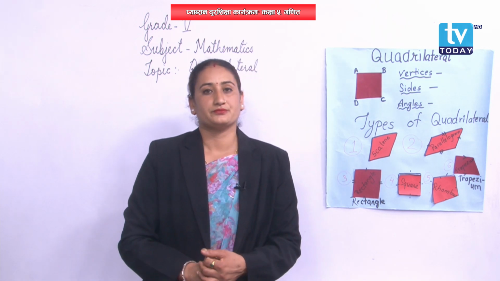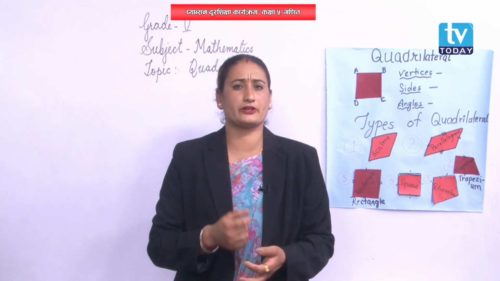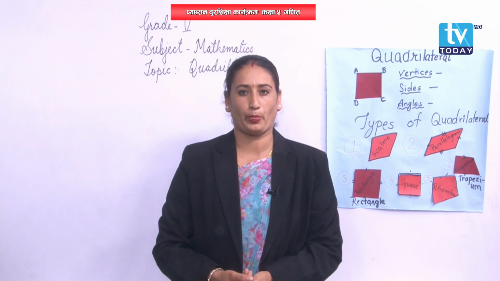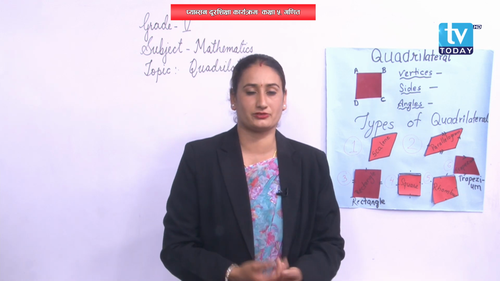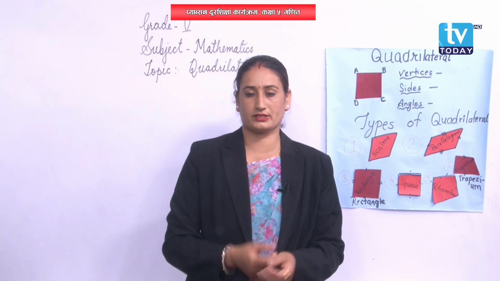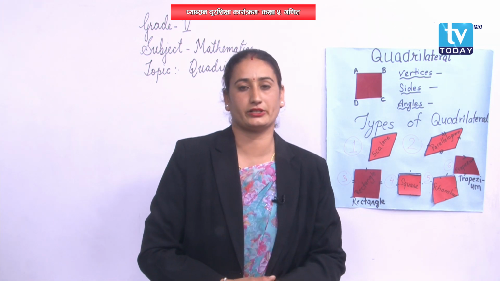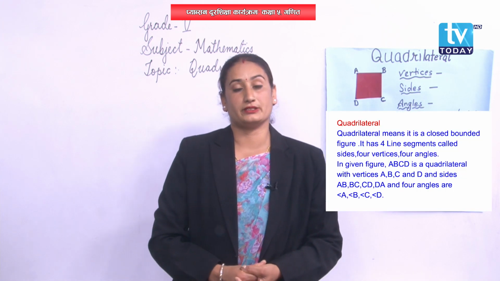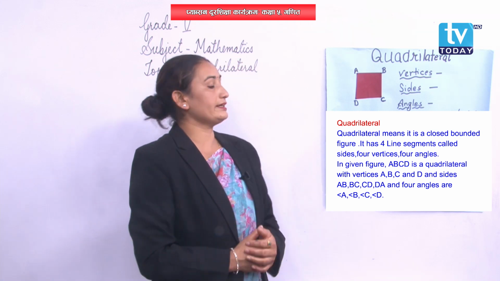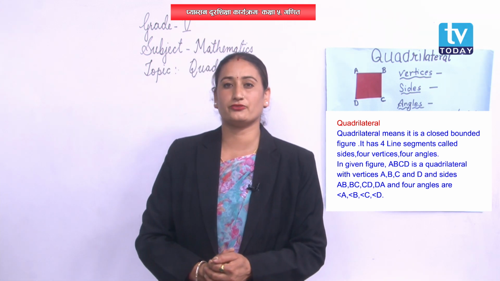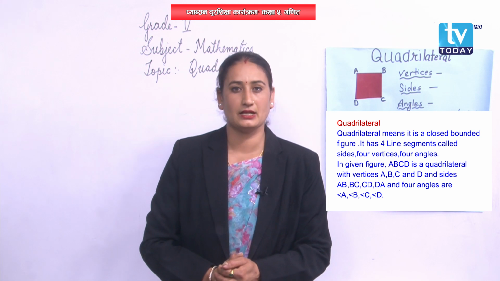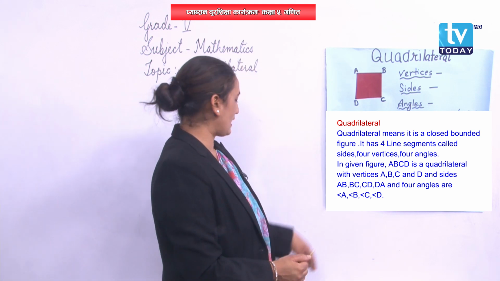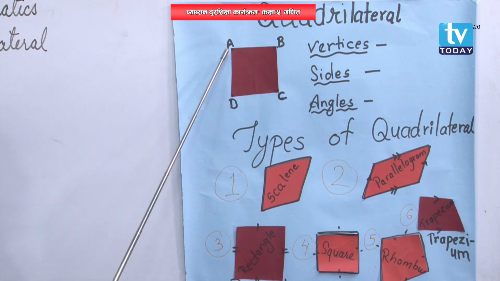So students, can you give a short definition of a quadrilateral? What can we say for the quadrilateral? What do you mean by quadrilateral? Okay, a short definition. Ready to listen? First, quadrilateral means having 4 line segments and 4 vertices.